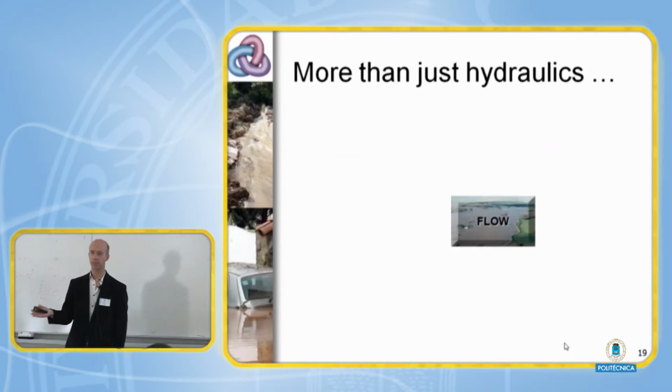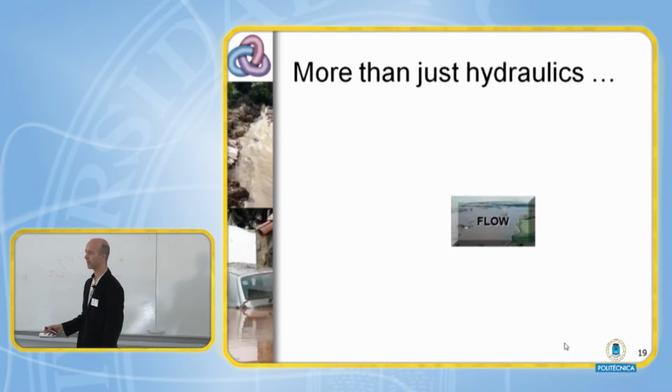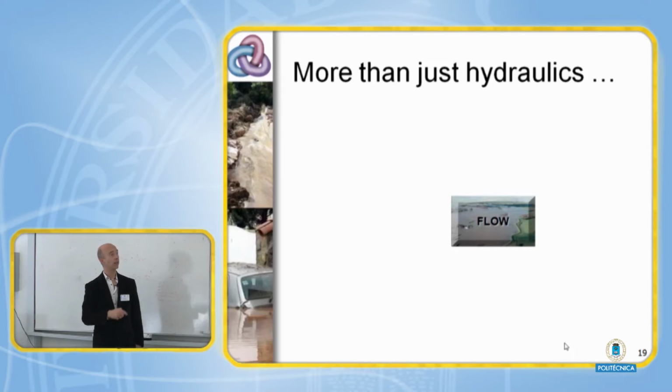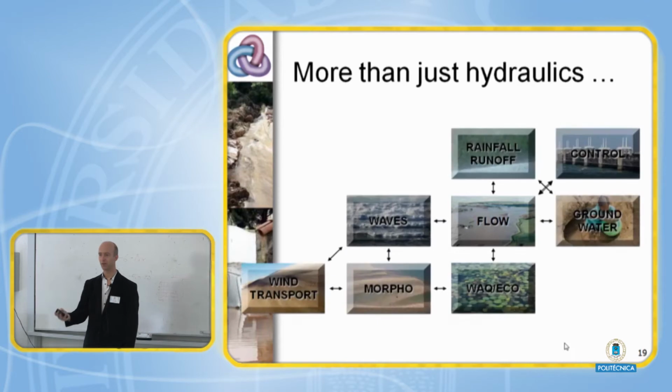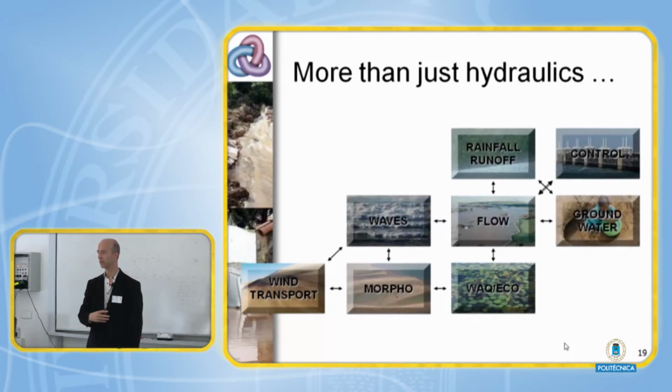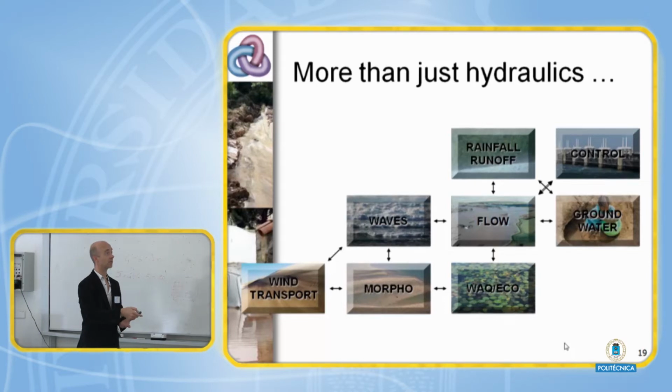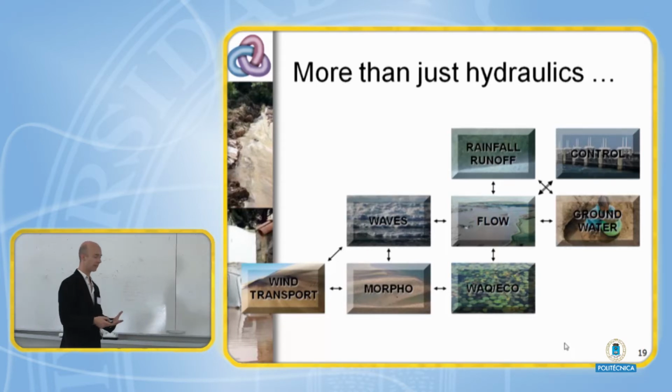For the DRIHM project, we are focusing on hydrodynamics, so we focus on the flow only. However, in general, flow is not the only process that you might start looking at. You may start looking at sediment transport, morphodynamics, interaction with waves if you start to go into the coastal areas or in lakes.